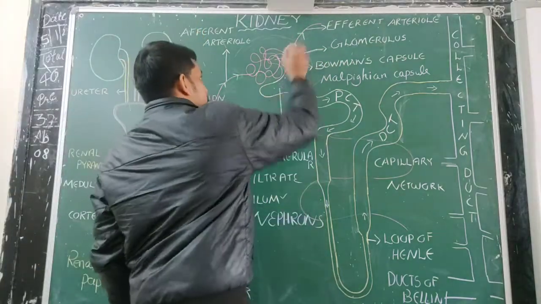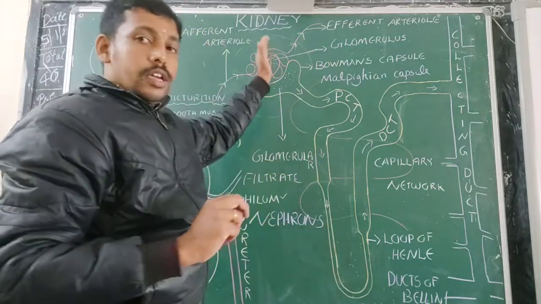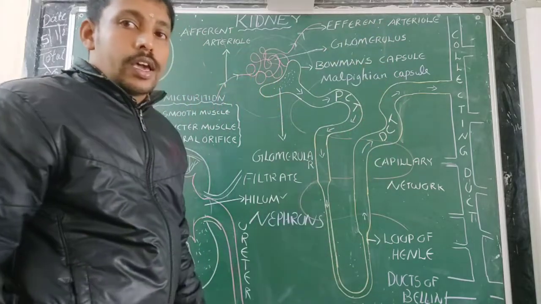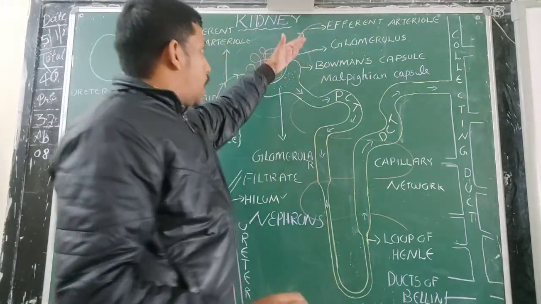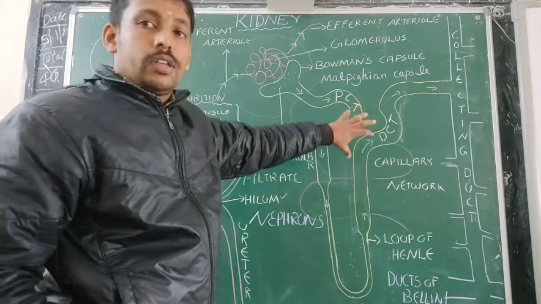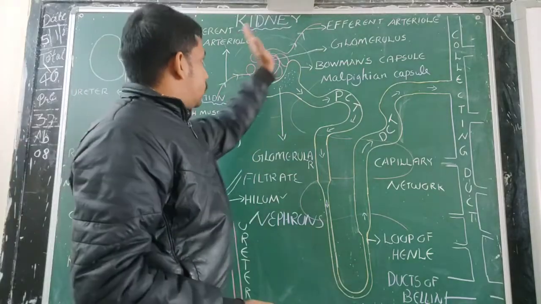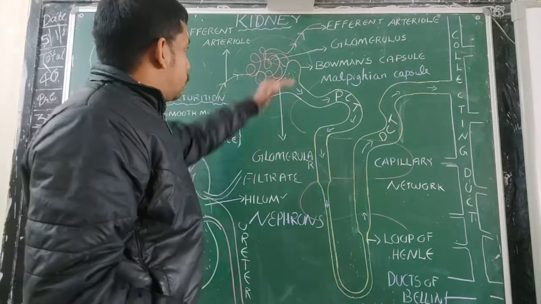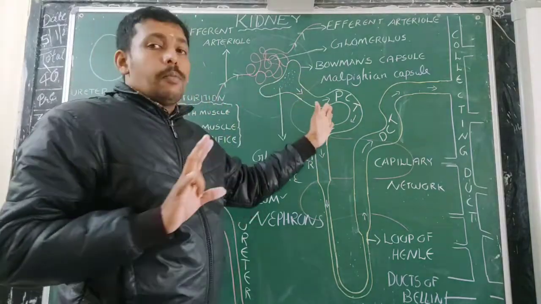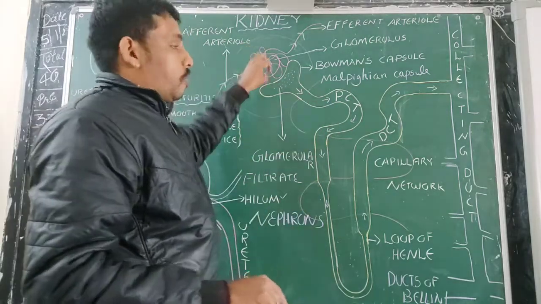And it is leaving the nephron as what? Efferent arteriole. The branches of the efferent arteriole will be surrounding the entire nephron. So afferent, efferent, and then there is the Bowman's capsule, which is part of the Malpighian body. The Malpighian body contains Bowman's capsule and the glomerulus.